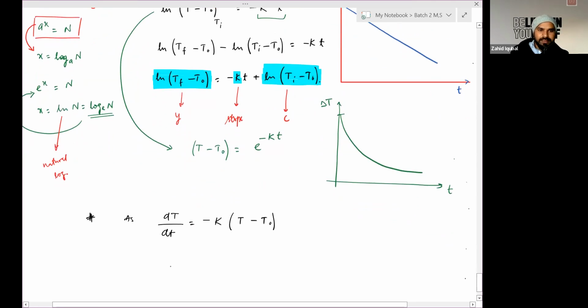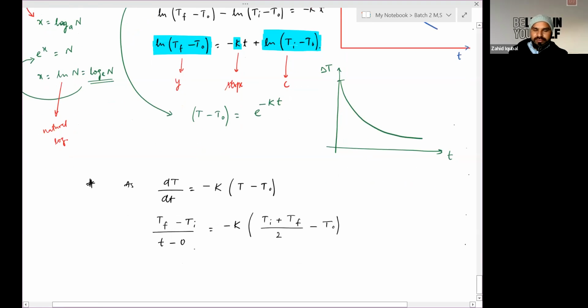So this dT is the temperature difference, T final minus T initial, divided by dt, that is time. K is the constant, and T is the average temperature. So it will be (Ti plus Tf) divided by 2 minus T naught, the temperature of the surrounding.